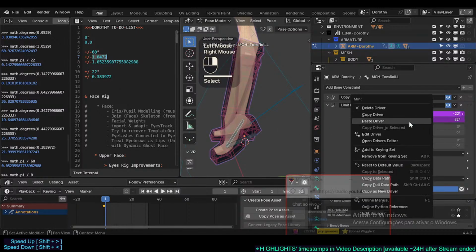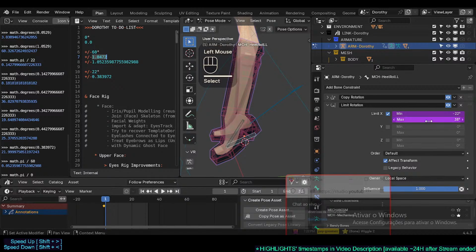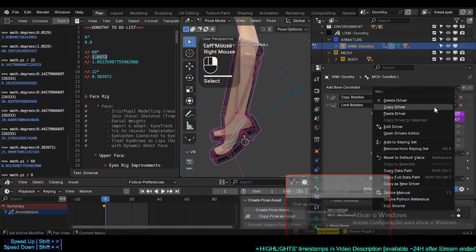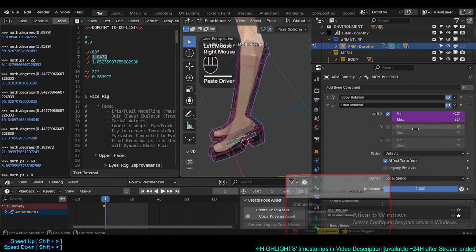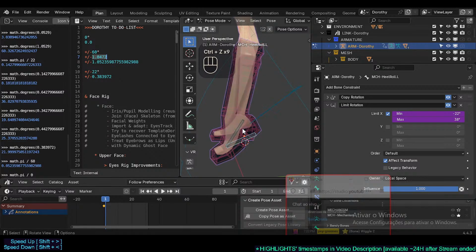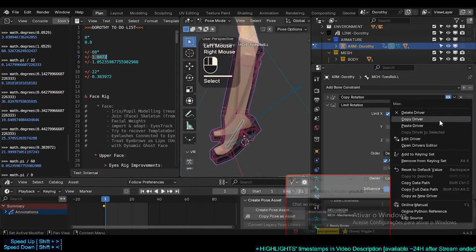They are equal, so paste driver, copy driver, no, this is wrong, copy driver, wait, it went... I picked the wrong one. Copy driver, 38 degrees for the max, paste driver.